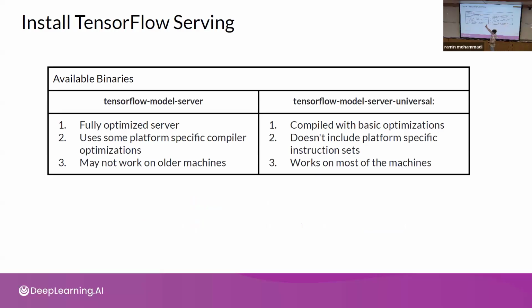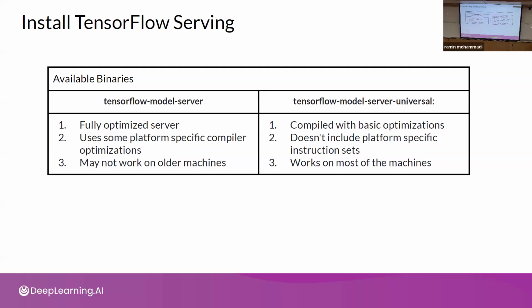The TensorFlow model server is a more recent version. If you're targeting legacy hardware, it might not work. So if you target legacy hardware and you don't know whether your customer has an old machine or a new one, then use TensorFlow model server universal, which will work on most machines.